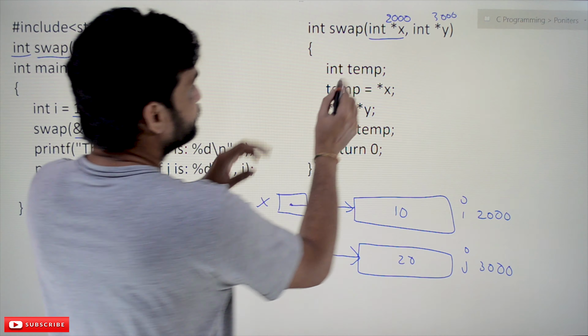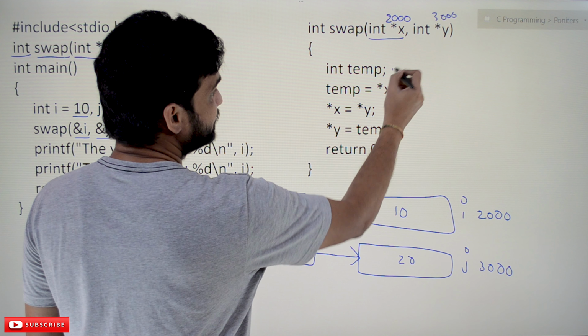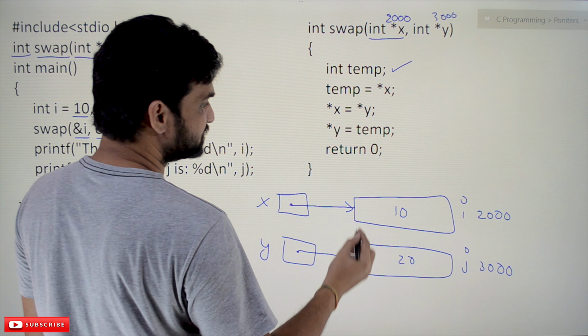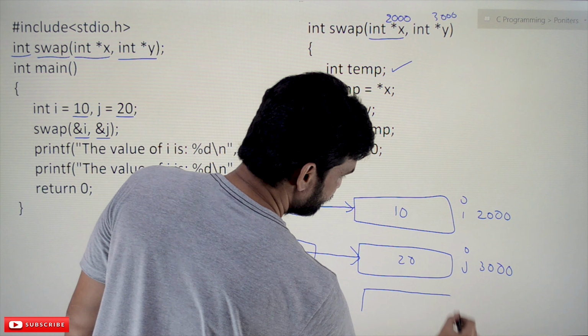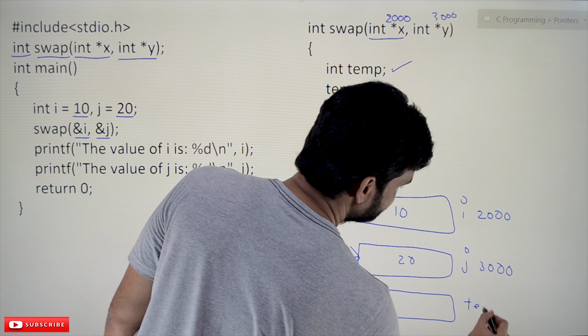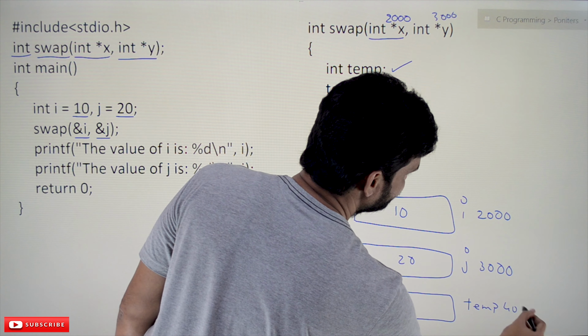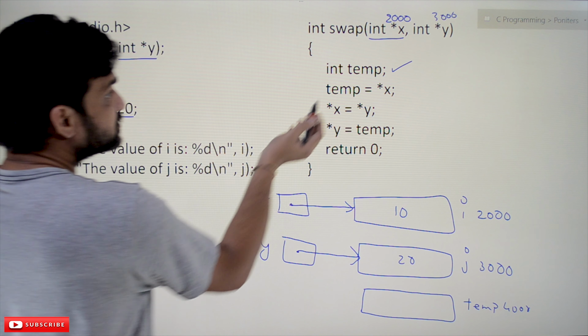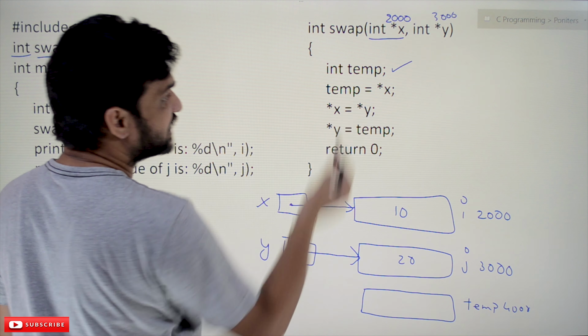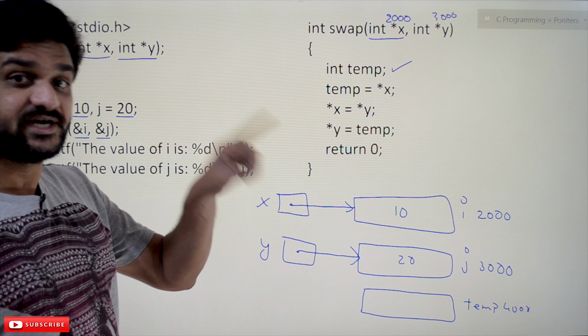Now the temp variable has been created. Assume that its location is 4000. Now temp is equal to star of x. Star of x, indirection operator.